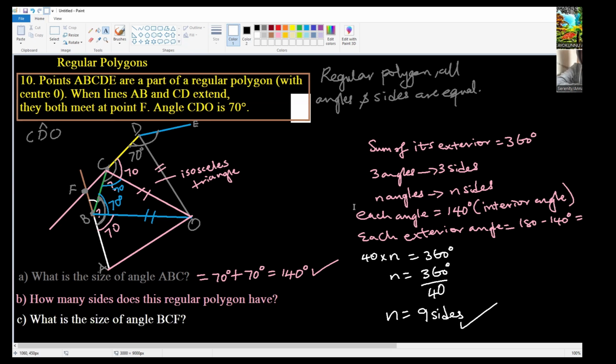Which alphabet are we considering when we say angle BCF? Is it B or C or F? All of them? No, I told you. That's why I showed this symbol here. I said you pick the middle alphabet.